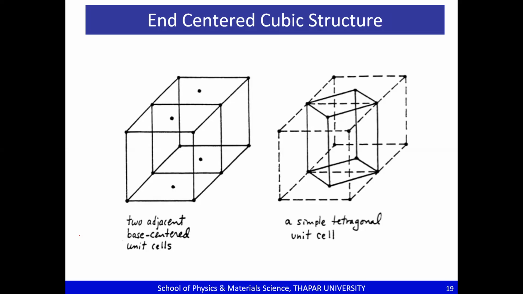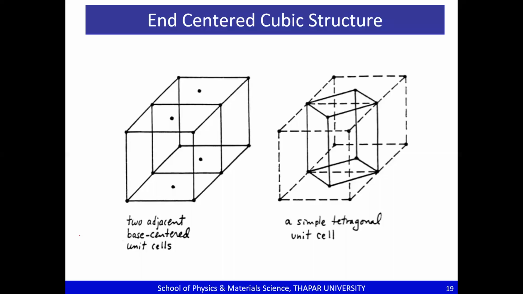Whenever this is the situation where two different geometries represent the same thing, we will consider only one geometry as our Bravais lattice, the one which possesses fewer lattice points.